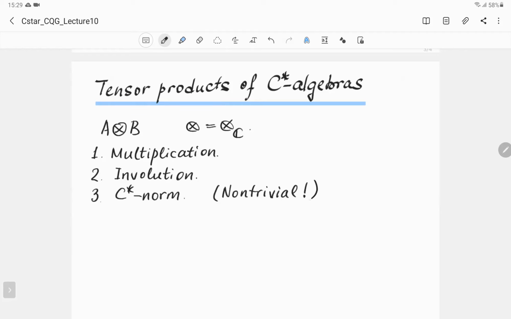We will see that in general, there are at least two different, non-equivalent ways of doing this. And finally, in general, there is no reason for the tensor product to be complete with respect to this C-star norm. And usually it is not complete. So the final step is to take the completion of the tensor product with respect to this C-star norm.